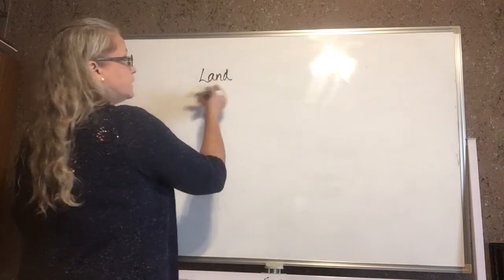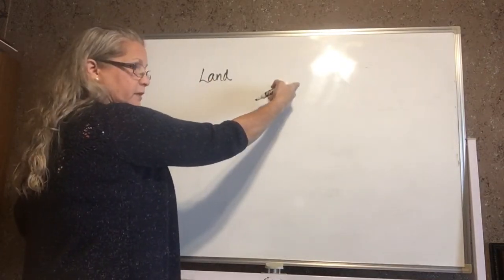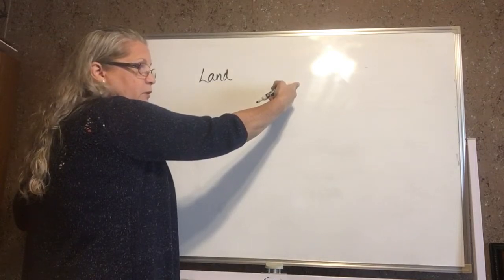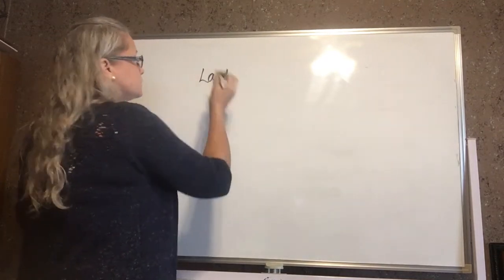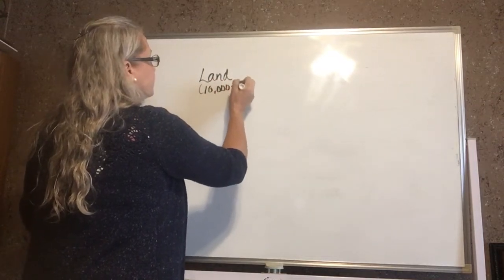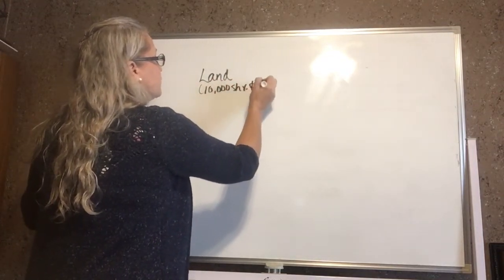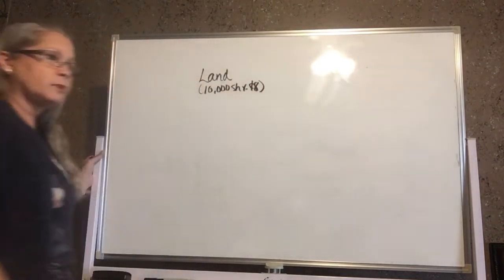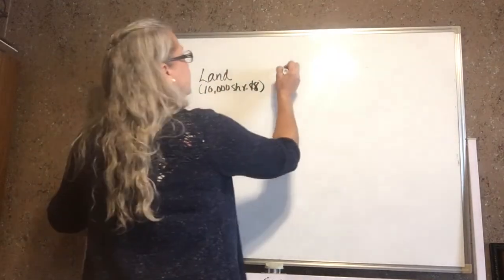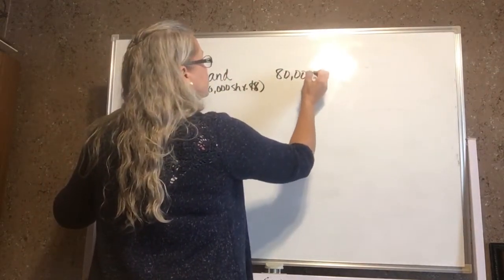I can't go with what they gave me on the land because it's just an asking price. You can ask whatever you want, but unless somebody's willing to pay it, it don't matter. So let's go with what we know. We're giving up 10,000 shares that are being traded on the market at $8 per share right now. So if I did the math there, then that land would be worth $80,000.